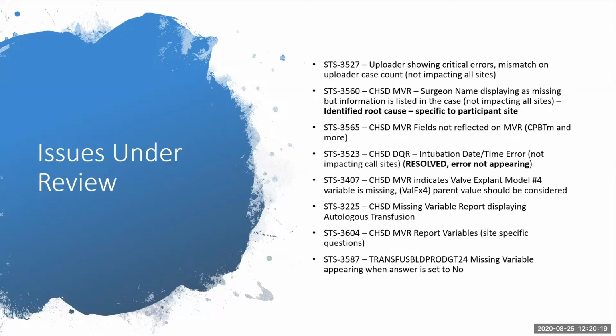And we're also looking into another part of that same report that was saying that the percentage of missing was greater than 100. I think it was showing as 112% missing or something like that. And so that bug is encompassing both the incorrectly displaying denominator for that report, as well as the parent field mismatch for the version 3.3 records, to get that aligned. So we are looking into getting that fixed.